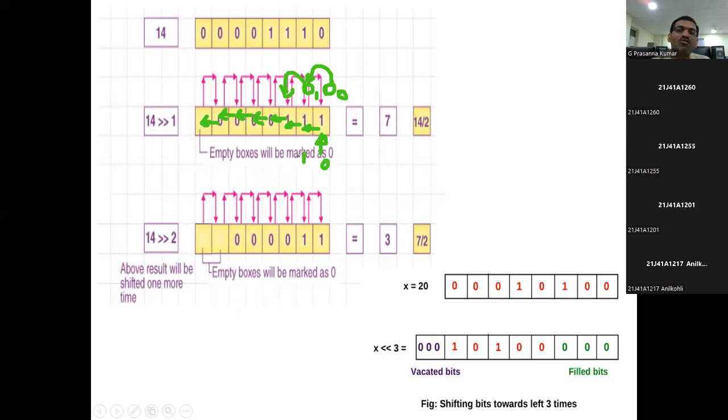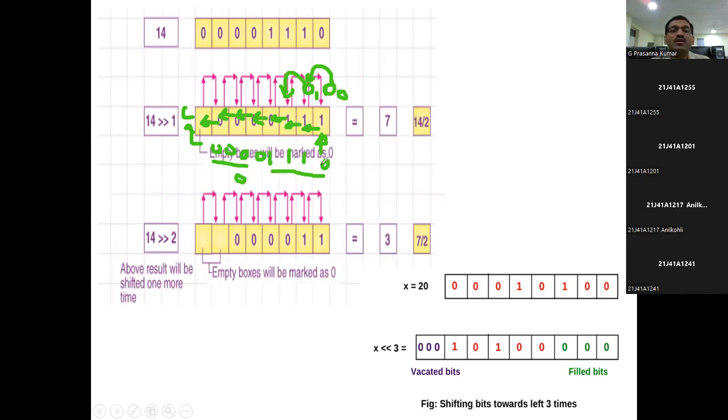Here, 1, 1, 1, 0, 0, 0, 0. The last bit will move to the carry.